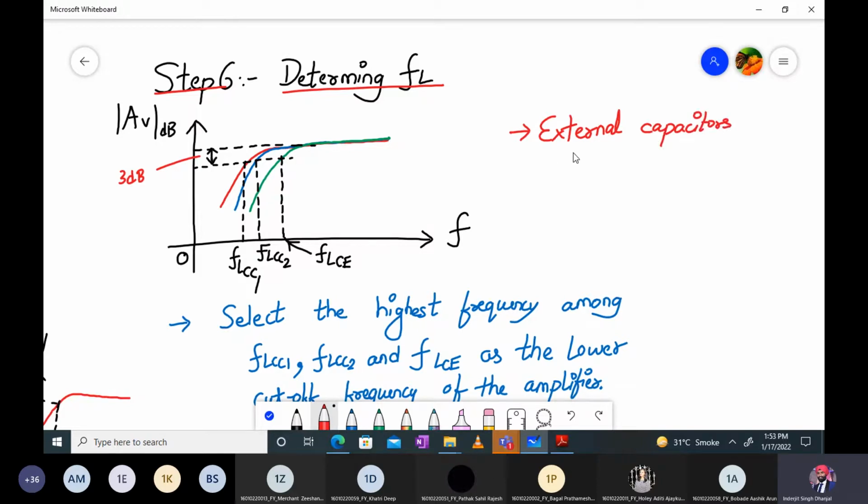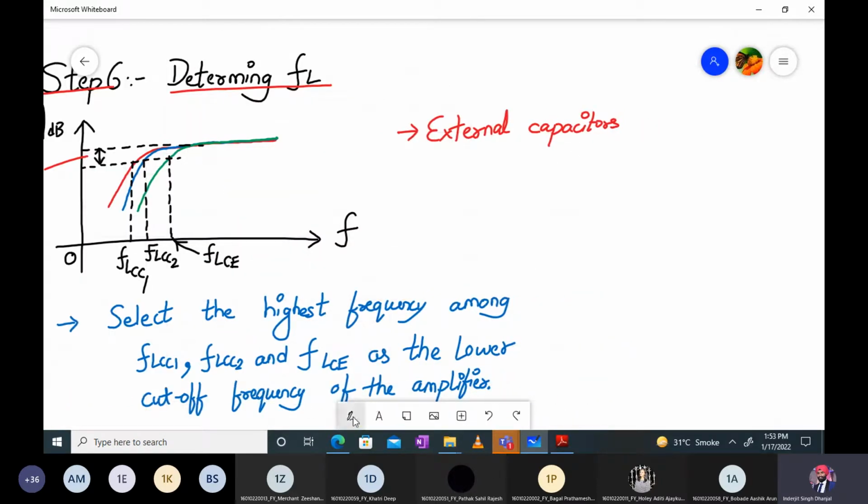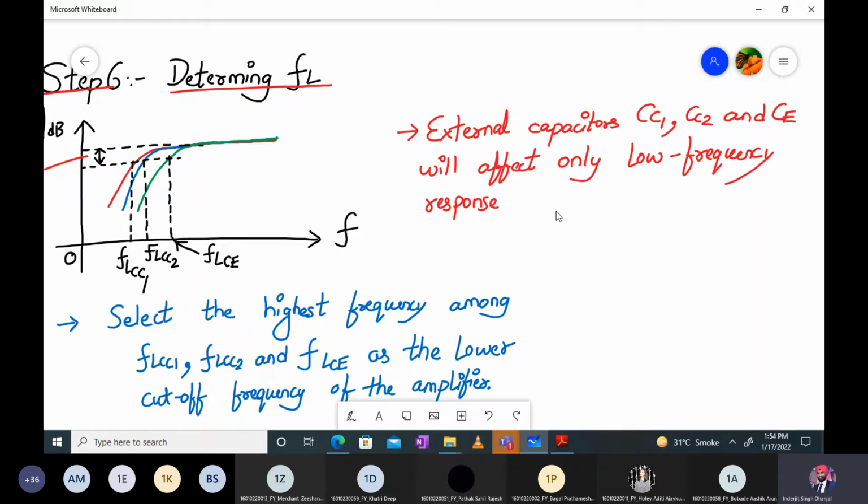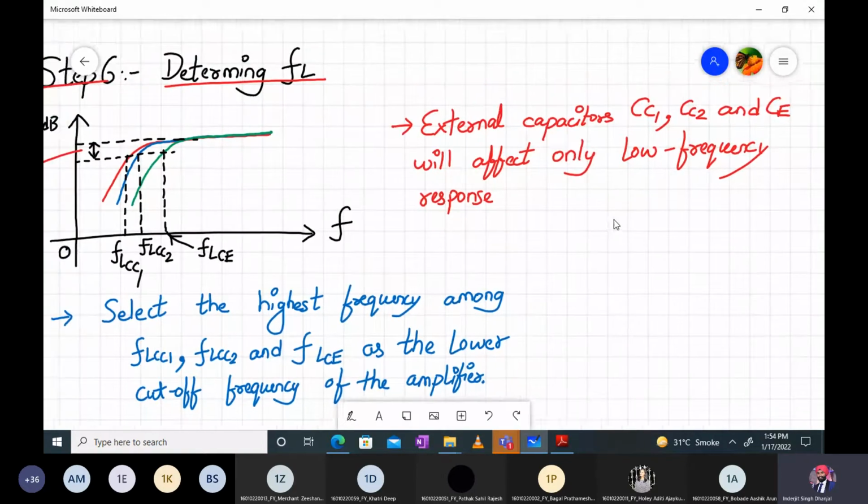This is very, very important. It will not affect the high frequencies, nor the mid frequencies. So this is a very, very important conclusion we make.